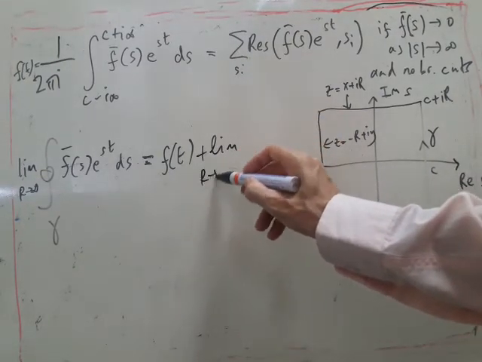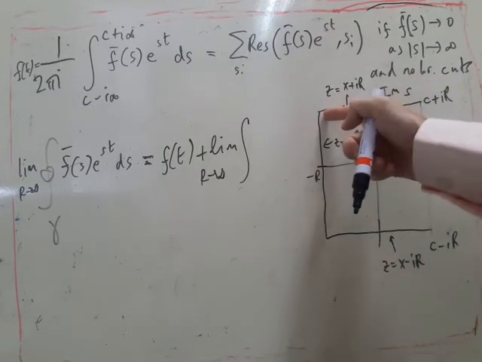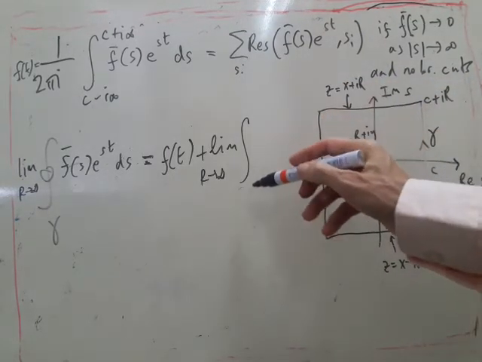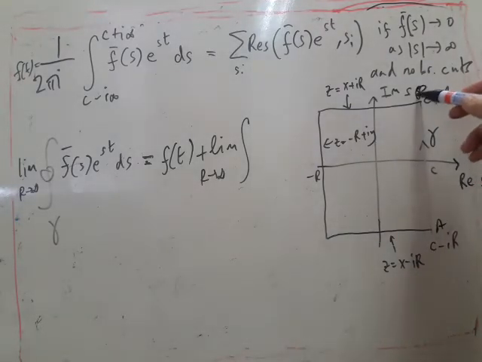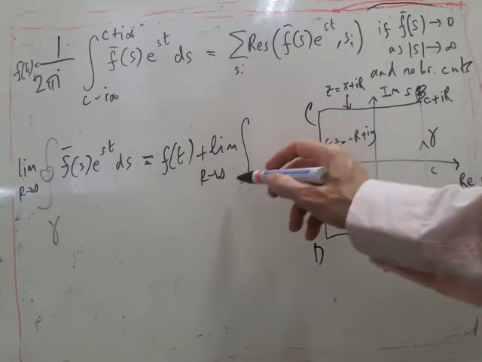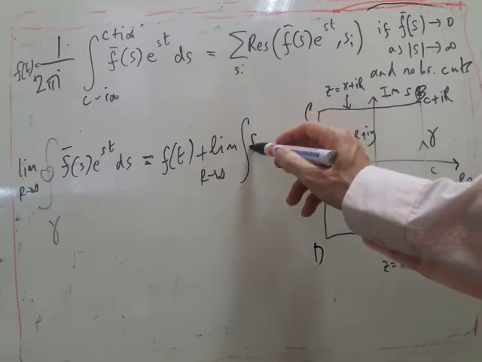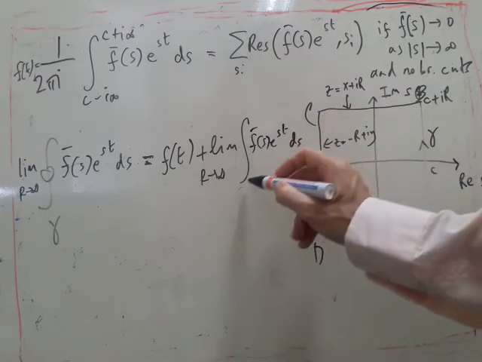The limit as R goes to infinity of the integral from here to here. So maybe it makes sense if I actually label these things. So A, B, C, D. Just for the time being, I'll label them like this.